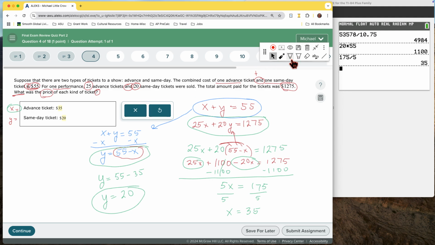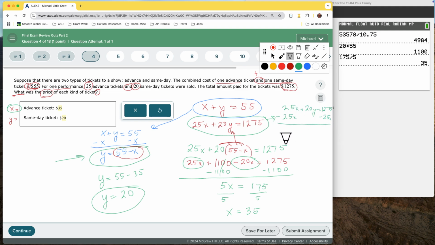So what we're going to use is, we've got one equation here. We're going to enter that, y equals 55 minus x. And then we're going to take this equation. We need to solve it for y. So over here, we solve it for y by subtracting 25x from both sides.